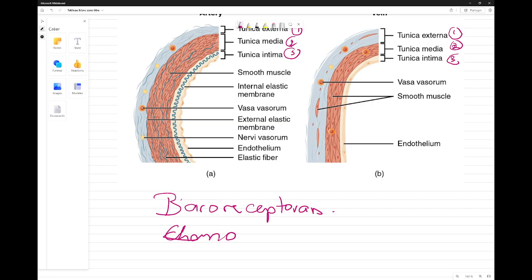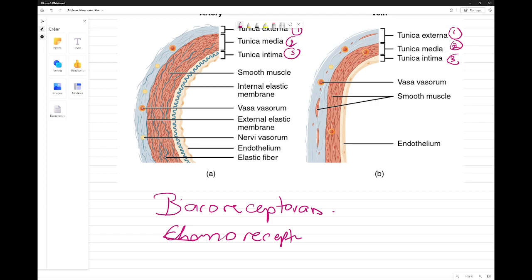These are present within the endothelium to detect changes in pressure and changes in chemical concentration.